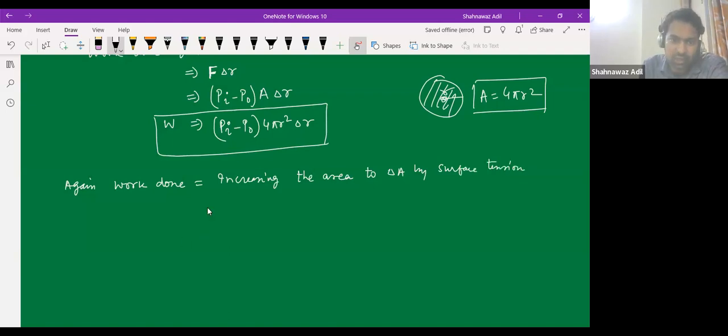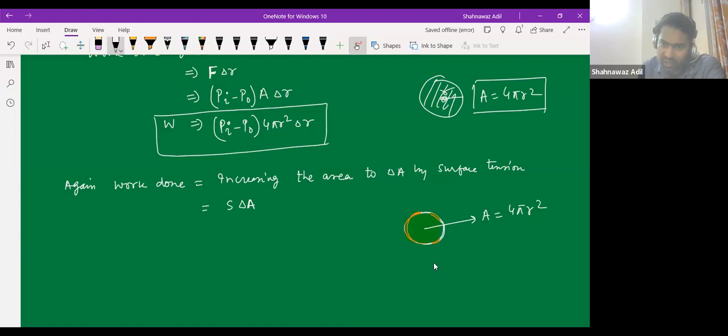So this is S into delta A. The change in area we have to find out. Initially, the area was this. So what was the area initially? This was 4 pi r square.